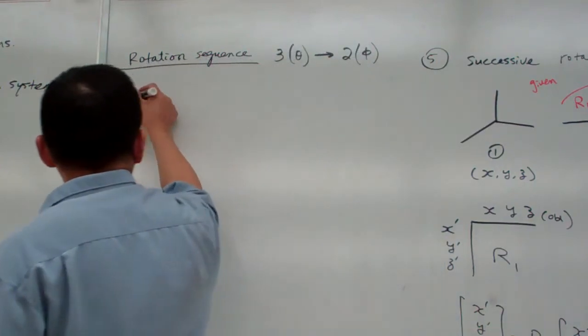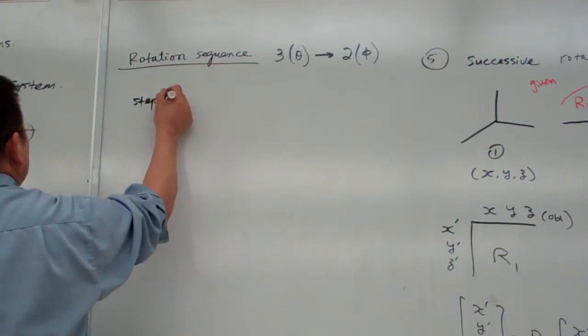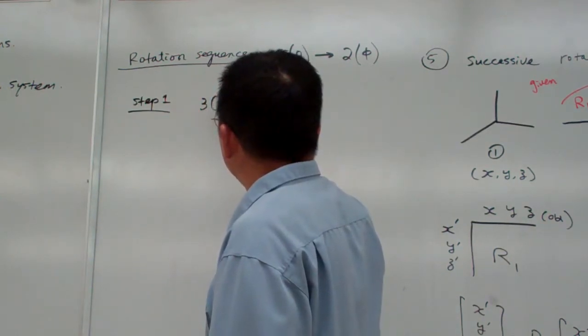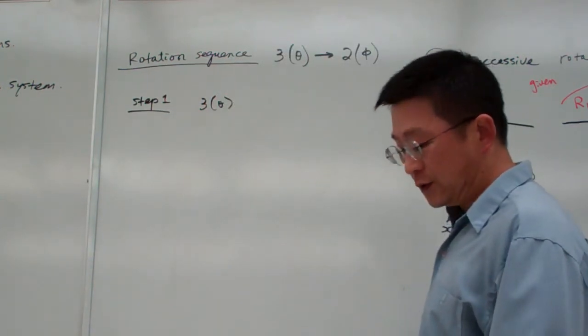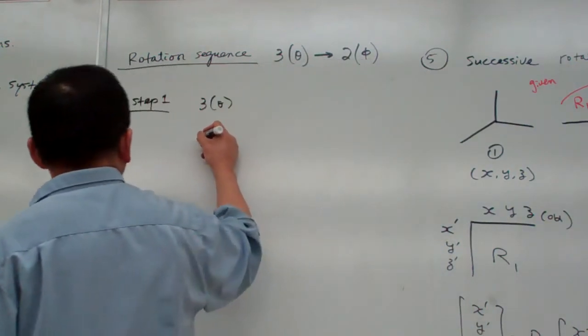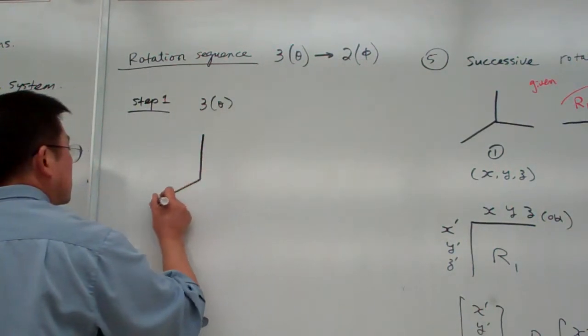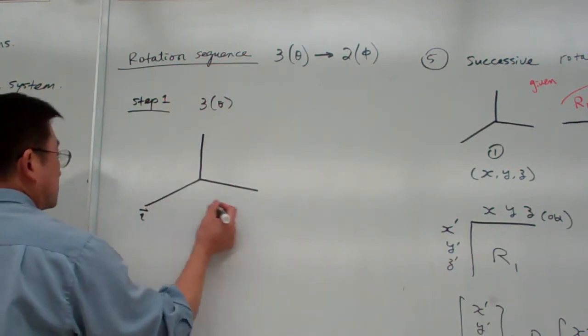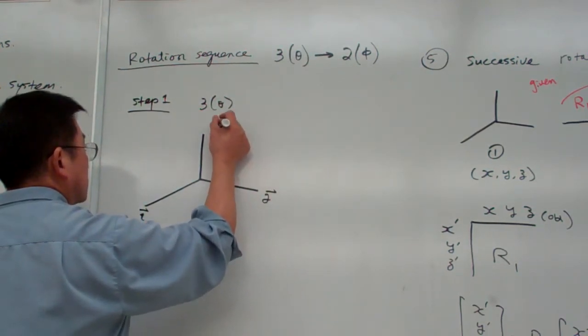So step 1. I'm going to explain this one. Let me draw this one. So i, j, k.